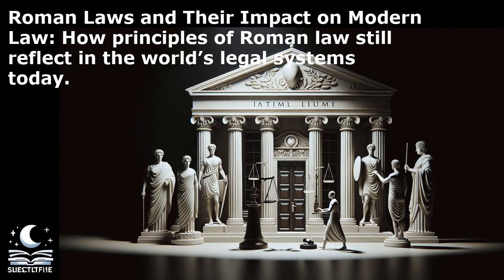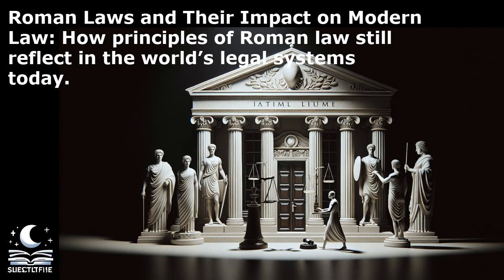The enduring legacy of Roman legal principles in these regions underscores the lasting impact of Roman law on global legal systems. The spread of Roman legal principles to other parts of the world highlights the adaptability and universality of Roman legal concepts, which continue to shape legal practices and institutions across diverse cultural and geographical contexts.